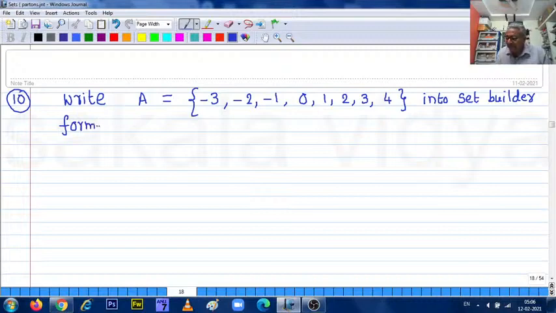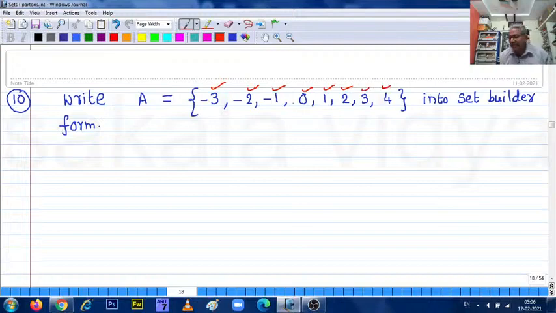So now we need to express this into the set builder form. First you check the elements. What are the elements present in the set? -3, -2, -1, 0, 1, 2, 3, 4.